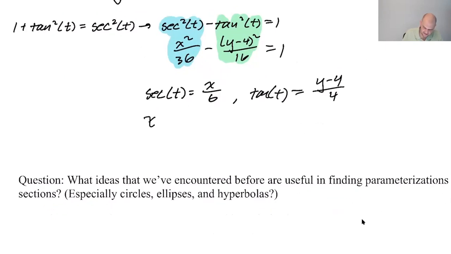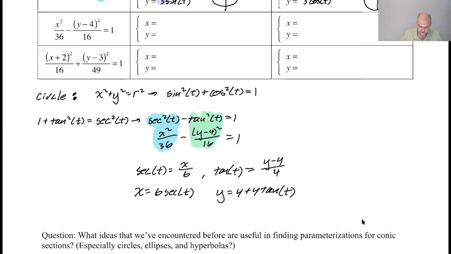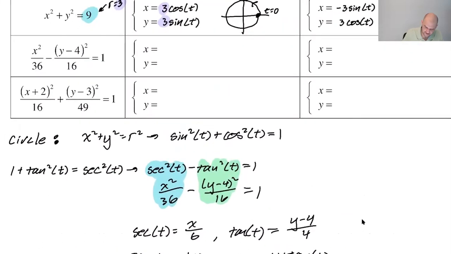So that means that x could be 6 secant of t, and y would be first multiply by 4, then add 4. So 4 plus 4. I've been meaning to change that for years because it's a little unclear which is which. So I'm going to go x is 6 secant of t, and then 4 plus 4 tangent of t.